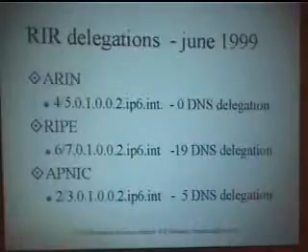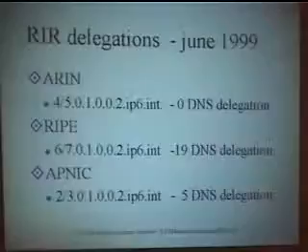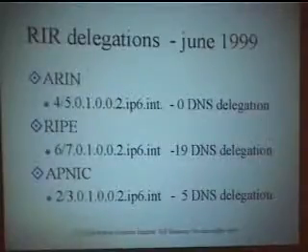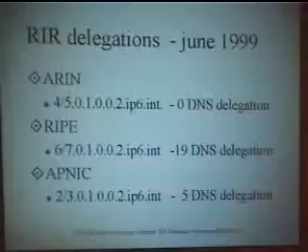The registries themselves got their delegations lined up in June. And they have 2 consecutive blocks. ARIN has 4 and 5, .0.1.0.0.2.ip6.int. RIPE has 2, and APNIC has 2.